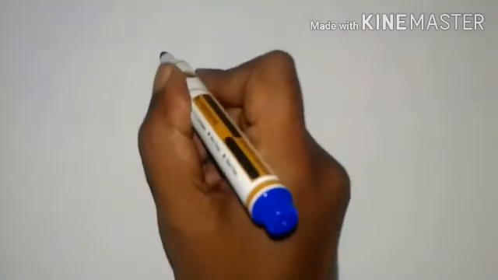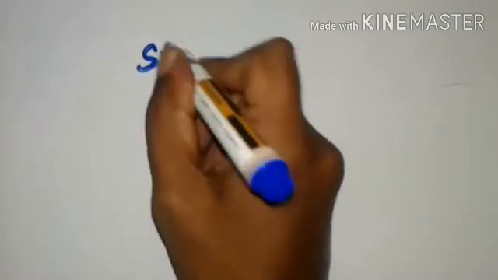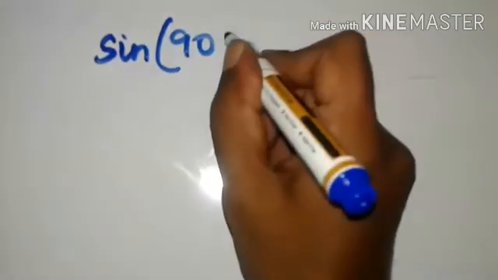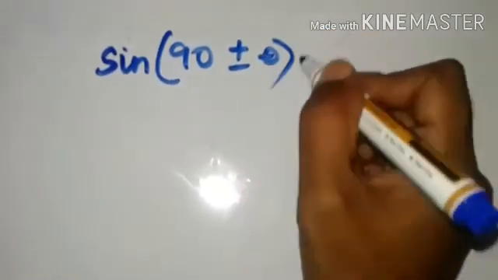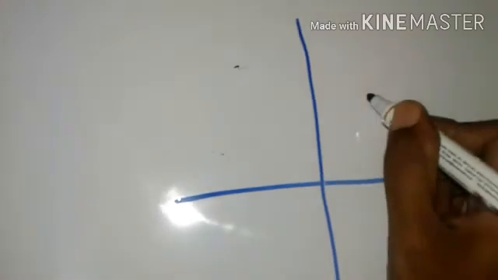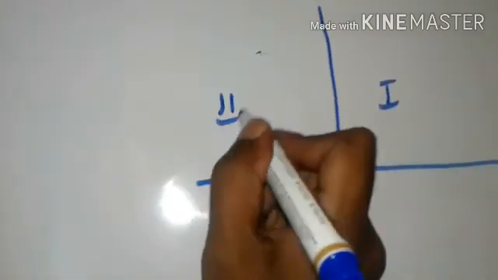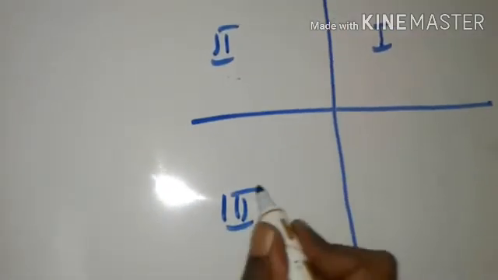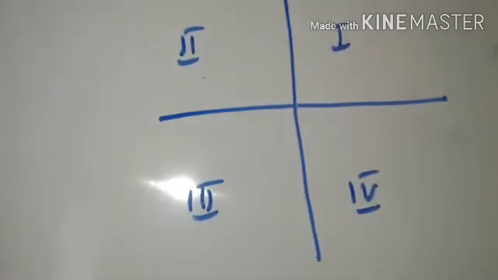Find out the value of this type of value, sin 90 plus or minus theta, how much it should be. For example, in the quadrants, you know that this is the first quadrant, this is the second quadrant, this is the third quadrant, and this is the fourth quadrant.